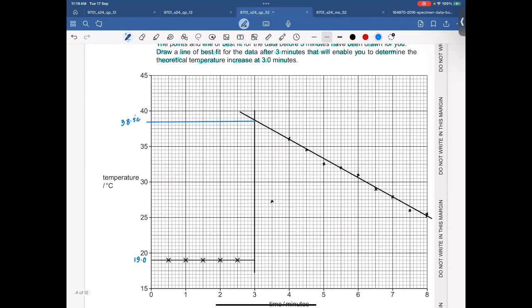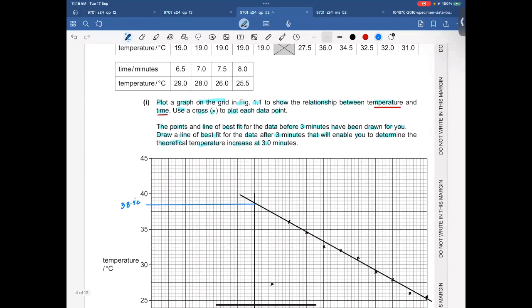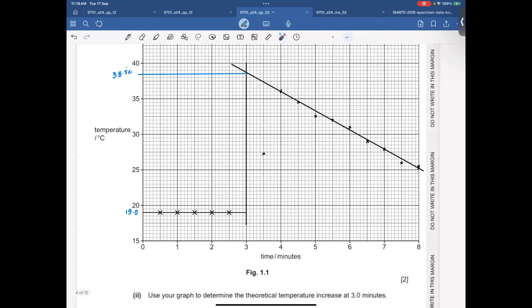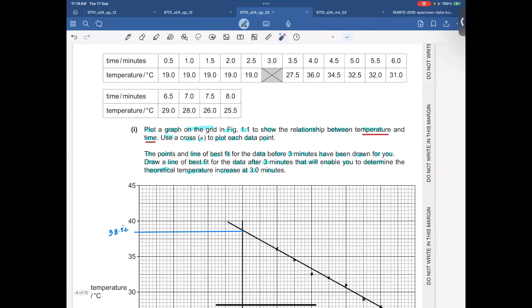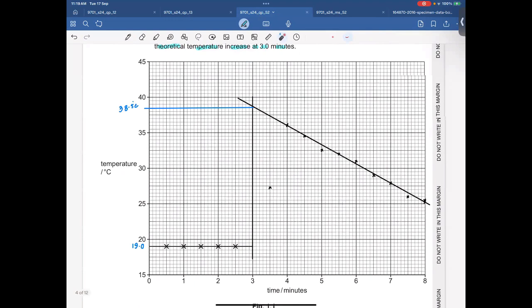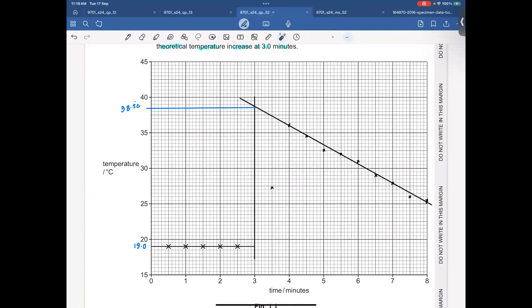Let me check my graph again because I need to think about this. This is at 6:31, 31, 30.